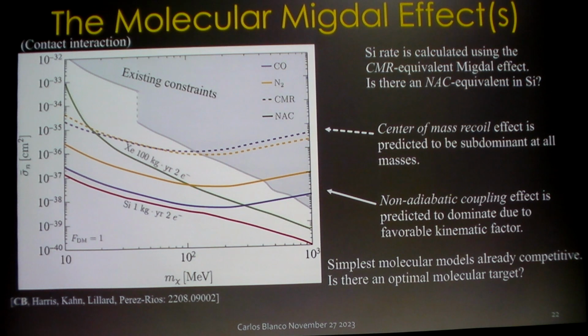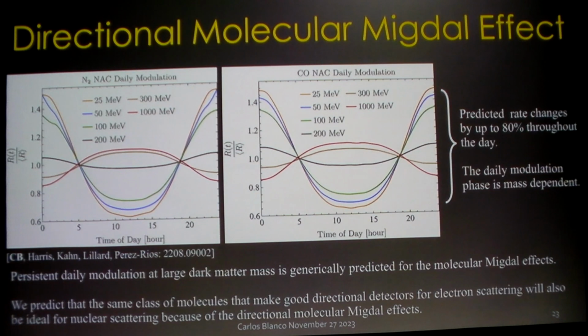And if it does, then the community should calculate it, because then this line should be expected to actually be down here. And the silicon community can enjoy way higher sensitivity that way. The other thing that one can ask is, well, how do you go about finding really optimal molecules? And so I'll get to that.